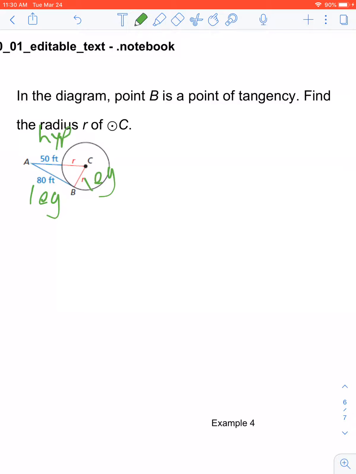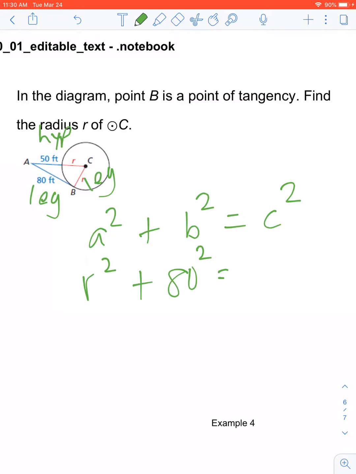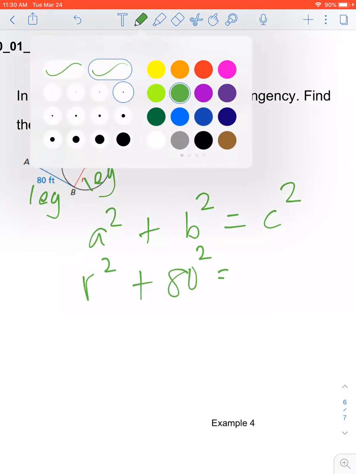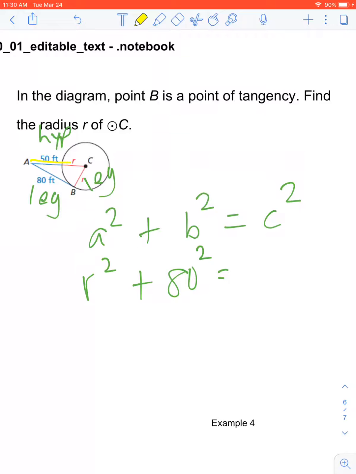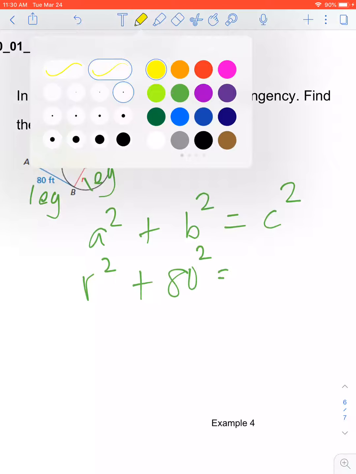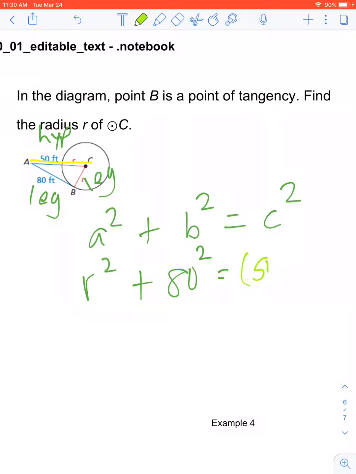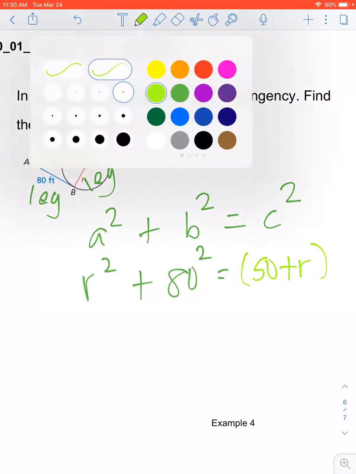The hypotenuse is not 50. When I set up the Pythagorean theorem, one leg is R squared, and the other leg, 8, is squared. But friends, the hypotenuse is not 50, and it's not R. For the entire hypotenuse from A to C, we have to use segment addition, and it is 50 plus R, squared.